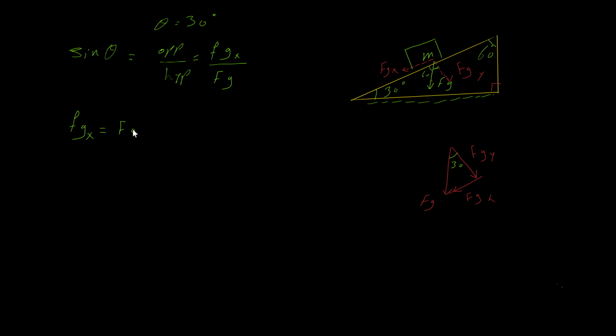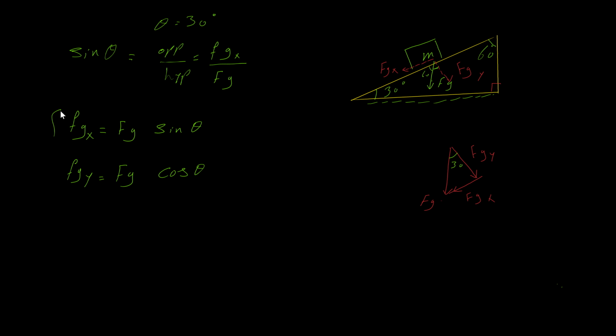So Fg x is equal to Fg sine of theta. Now, Fg y is going to be adjacent over hypotenuse, so Fg y will give us Fg cosine of theta.